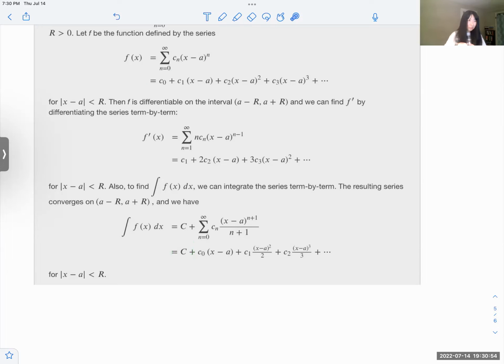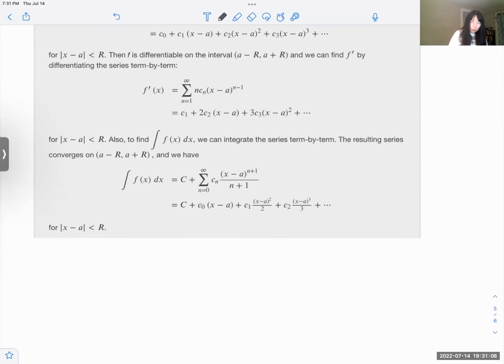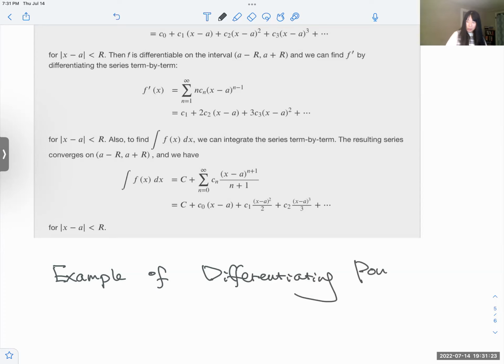Okay, let us do this one. Just an example of differentiating a power series.